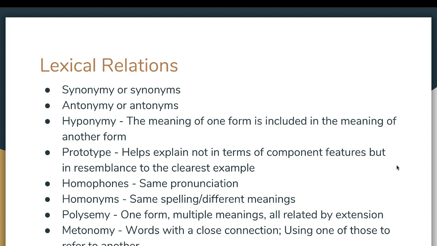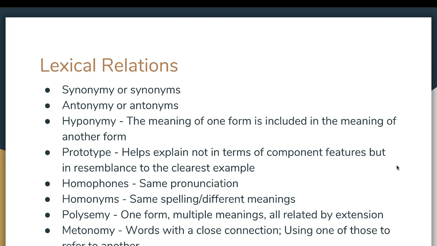So when we're talking about a robin, okay, it is a type of a bird.